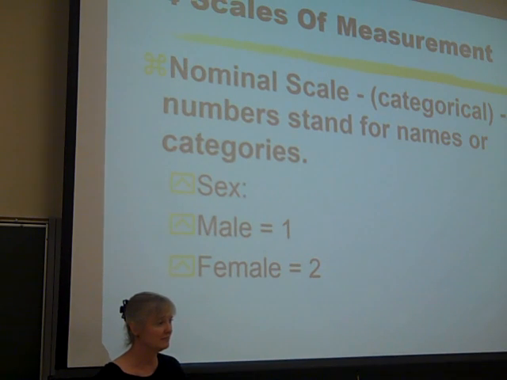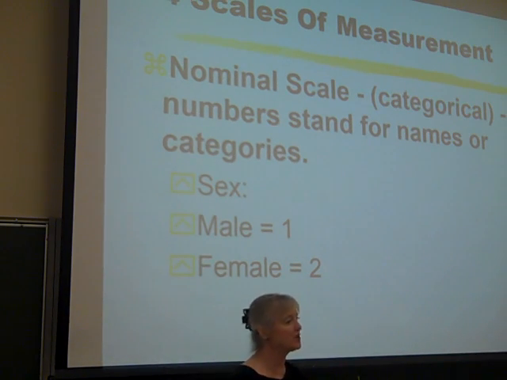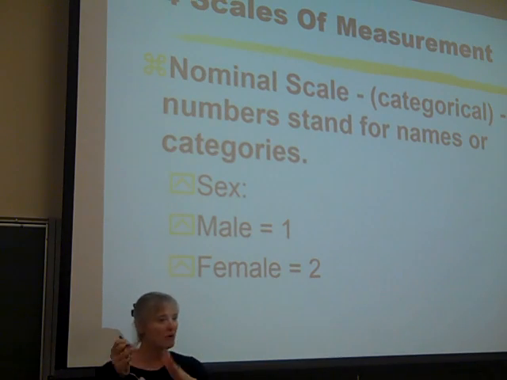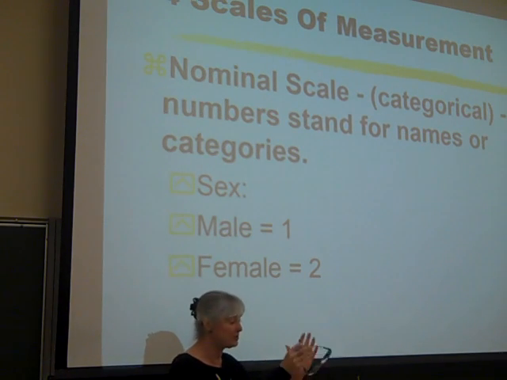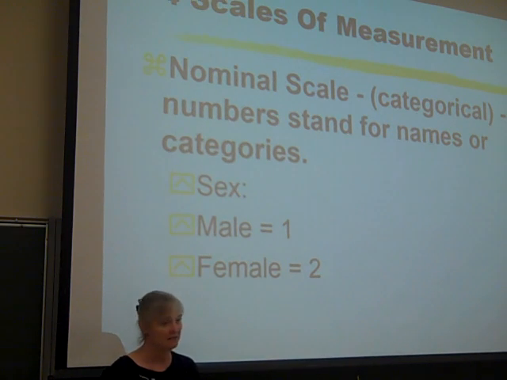Yes? Would that be doing things like categorizing? Absolutely. If you said group 1 will be our mammals, group 2 is going to be our amphibians, group 3 will be, so if you are simply using numbers to describe a category, you've got the nominal scale of measurement. Absolutely. Good job.